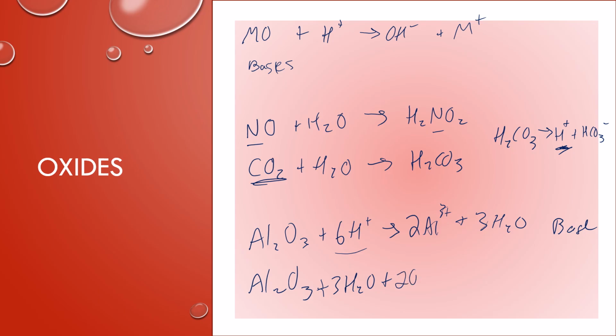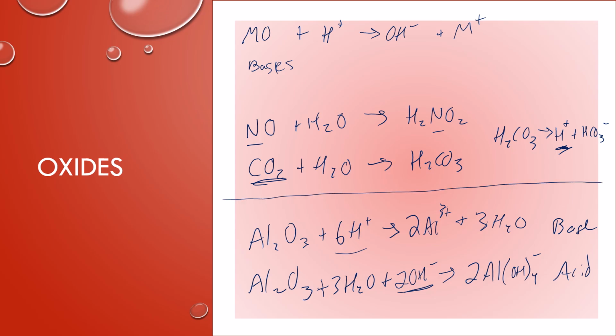It's two hydroxides to form this aluminum hydroxide compound here. And so because it's removing hydroxides, it's actually acting as an acid, which is a little weird, a little bit strange how it reacts, but you should know that the aluminum oxide is in between. It can be an acid or a base. The metal oxides are bases, non-metal oxides are acids.